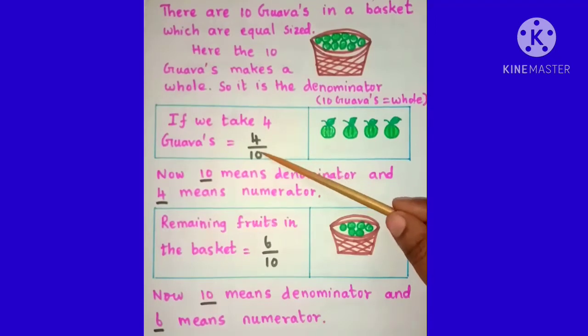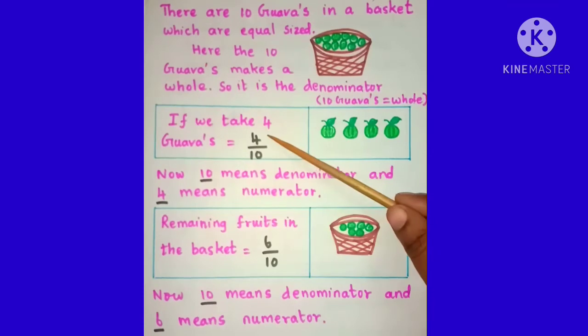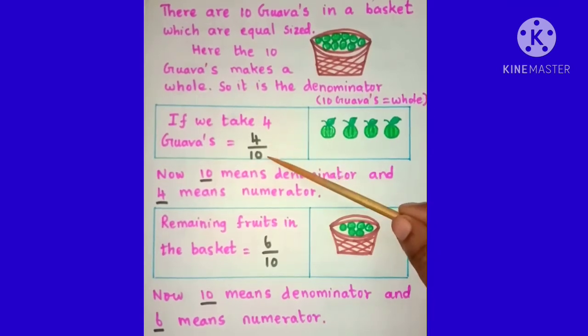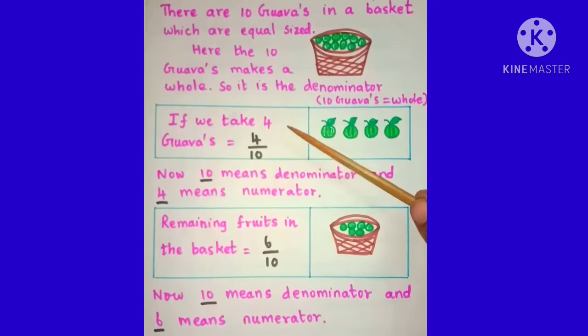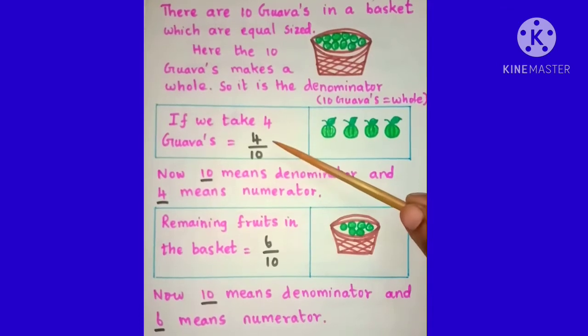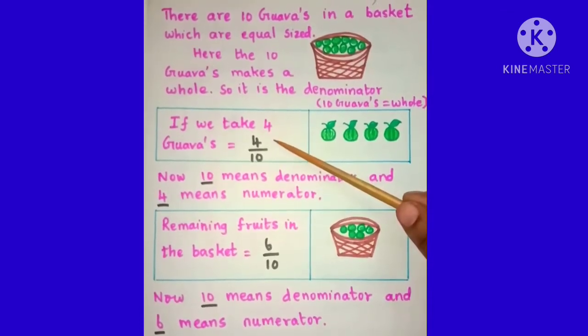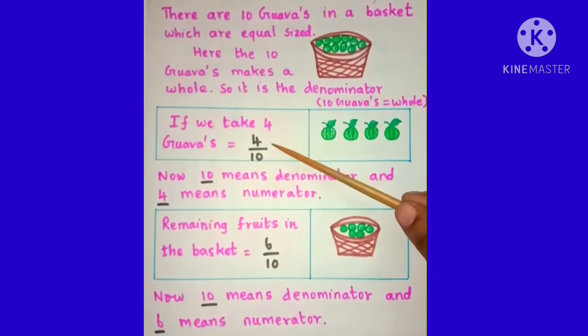Yes, it is 4/10. 4 represents the numerator and 10 represents the denominator. 4 is the numerator, which is the number of parts you have, number of parts you take. Here we have taken 4 guavas. So the number of guavas we take is 4, which represents the numerator.